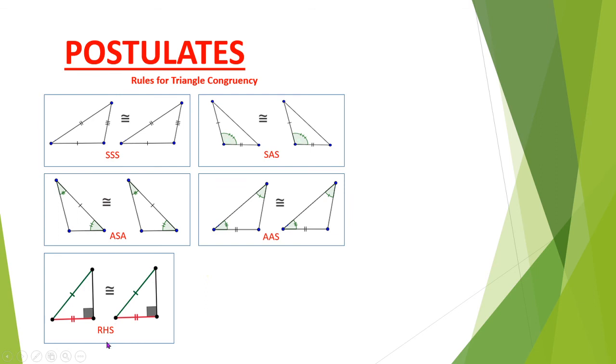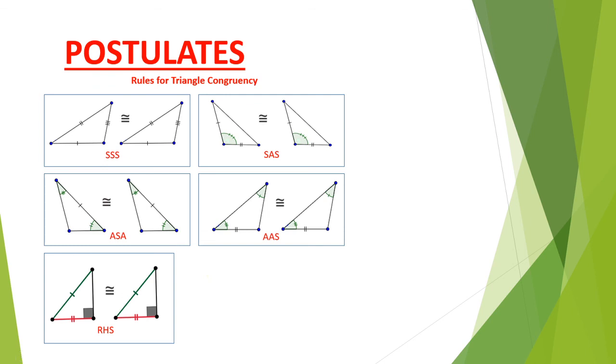Then the RH postulate or HS postulate. The HS postulate is basically used when the hypotenuse and any one side of a right triangle are congruent to the hypotenuse and the corresponding side of the other right triangle. Then these two right triangles will be considered congruent, and the postulate used is the HS postulate or RHS postulate.